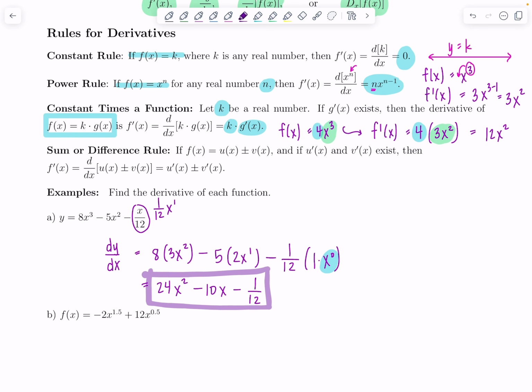So I wonder if you noticed something. When you have the derivative of some constant times x to the first, it just ends up being that constant. So when did that come up? Right here. We had the derivative of 1/12 x to the first, and the derivative was just 1/12. We kept the minus sign. This is just a faster way of doing it.